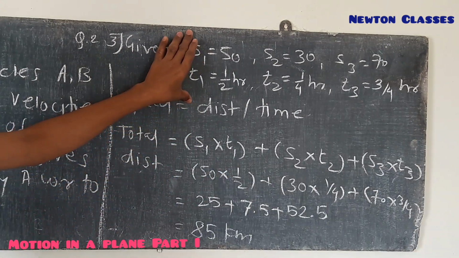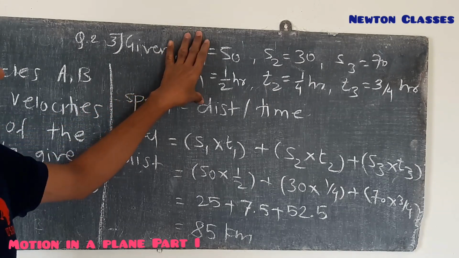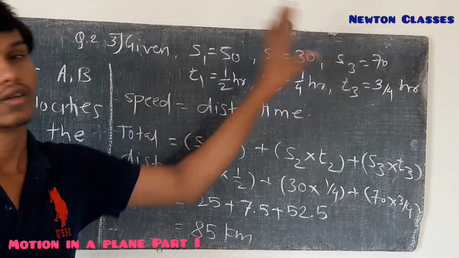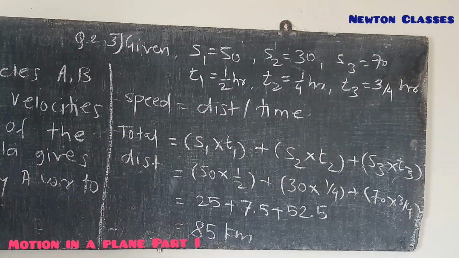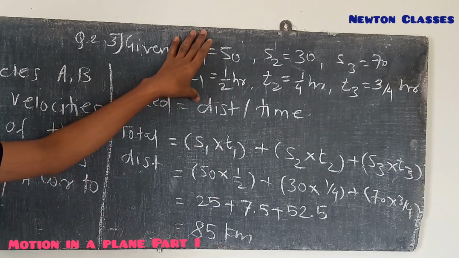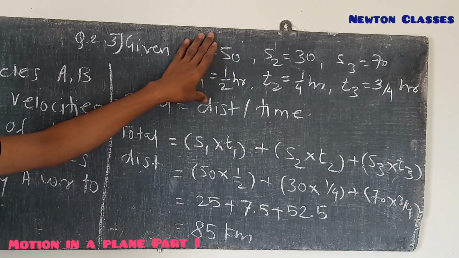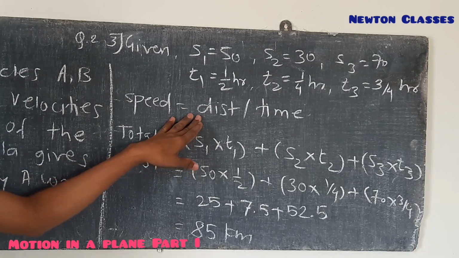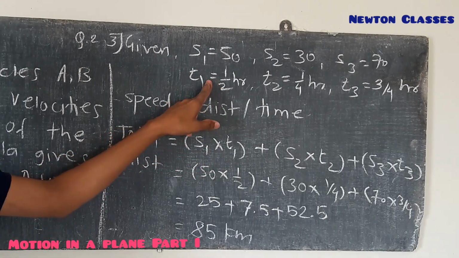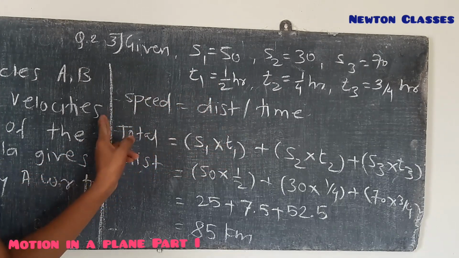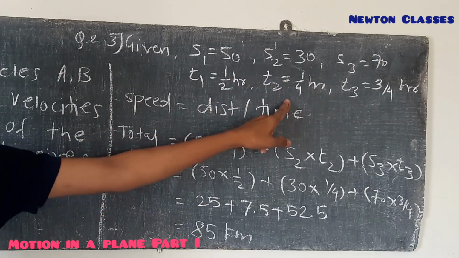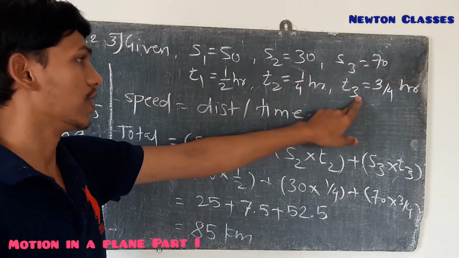Now for this, consider these are the three intervals: first, second and third. We have to calculate the distance for the respective intervals. We can calculate the distance for an interval using the formula distance equals speed into time, and similarly for the second interval and then the last interval.